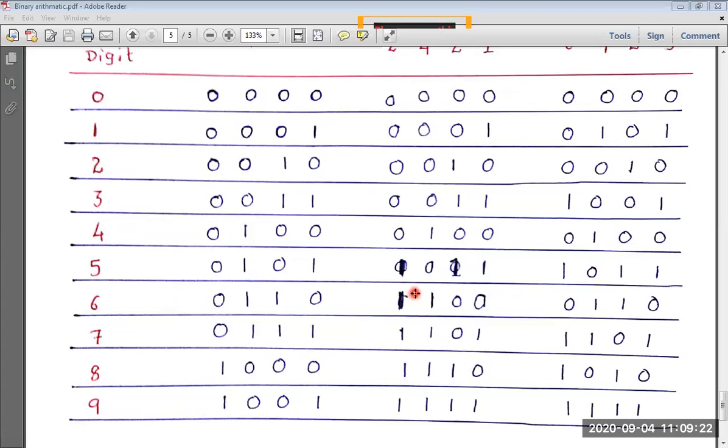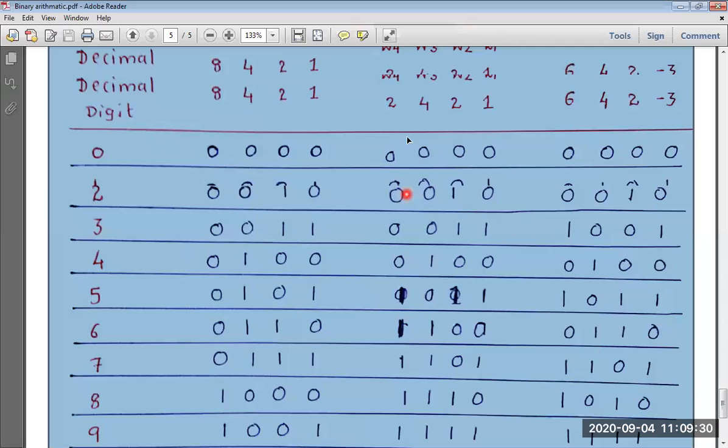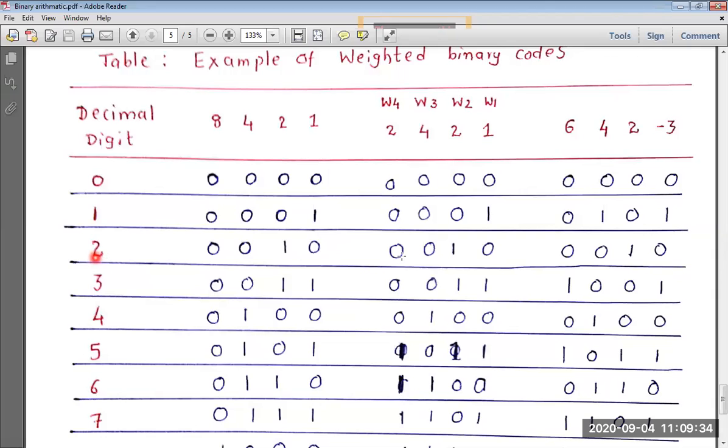Now let's see what self complement code means. Let's take the 2421 code. What is the equivalent of decimal digit 2 in 2421 code? 0010. Observe this closely.